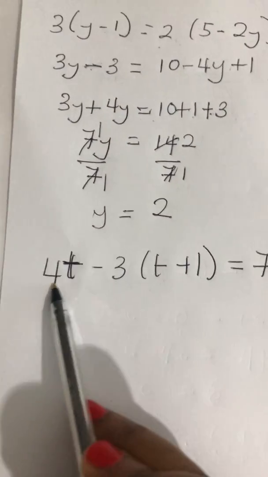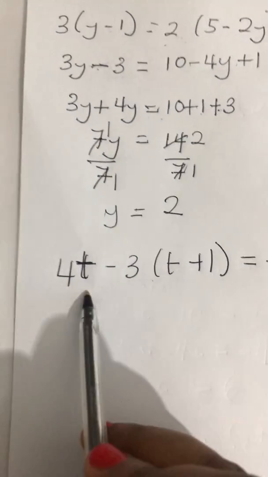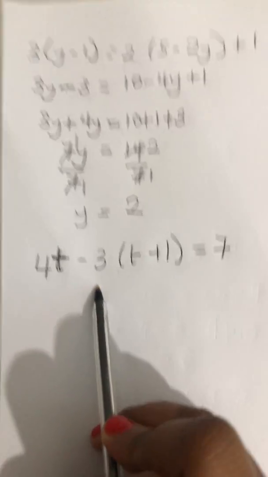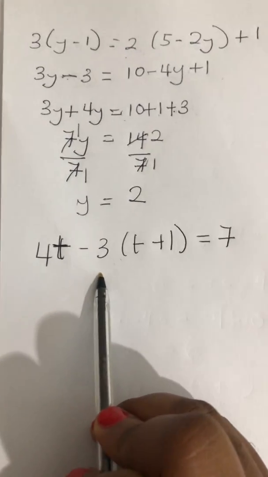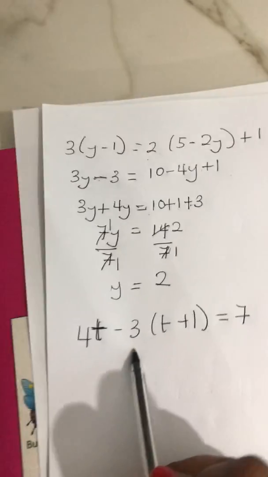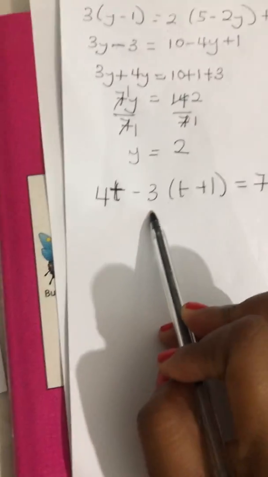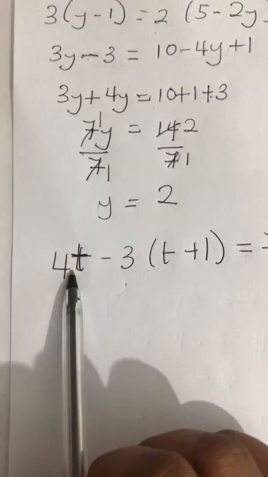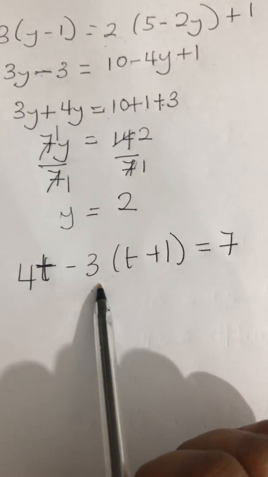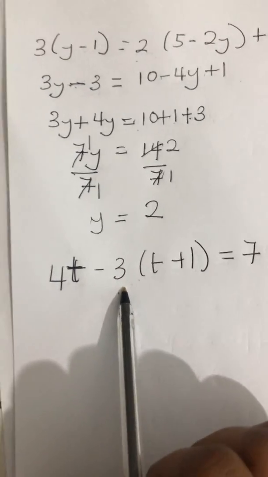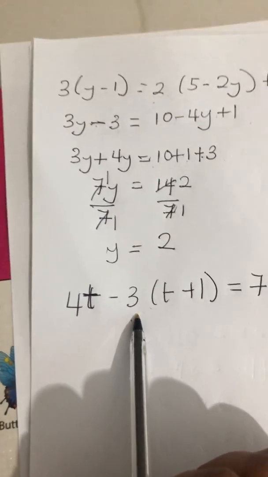Some of you students do this, 4t minus 3, and they come and write 1t. People, you don't do that. It doesn't work that way. You know that a number with a variable can never subtract or add to a number without that same variable. You understand?